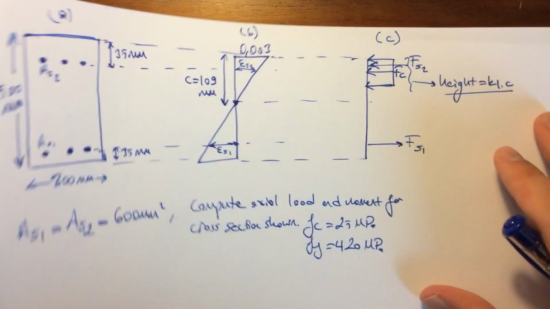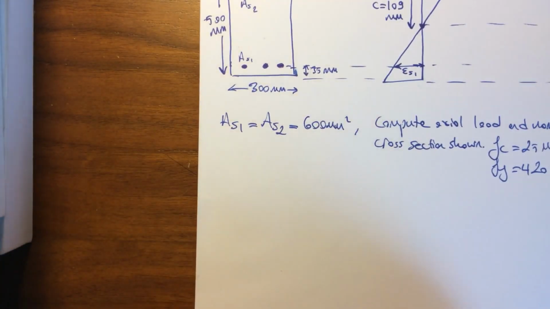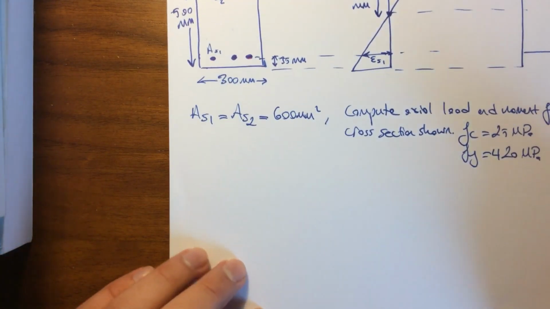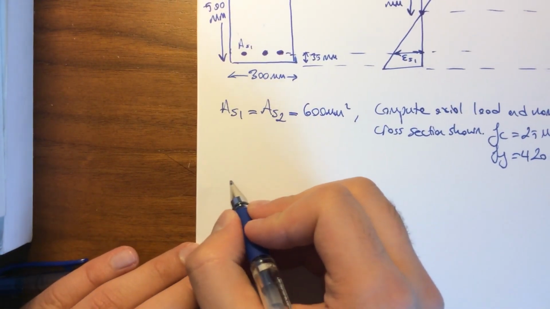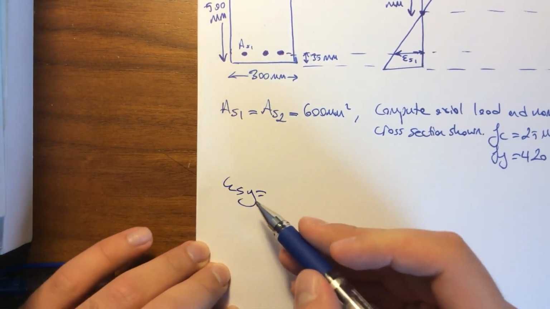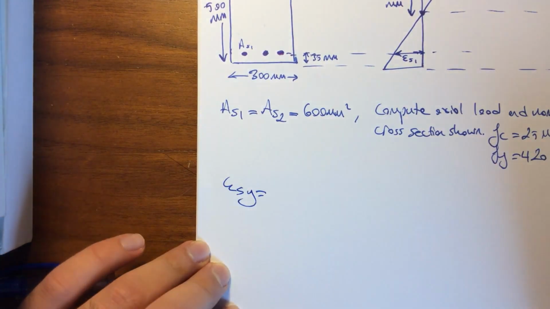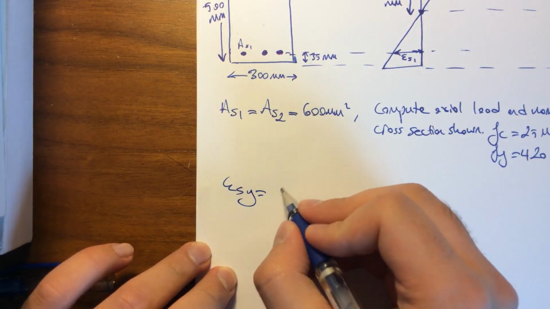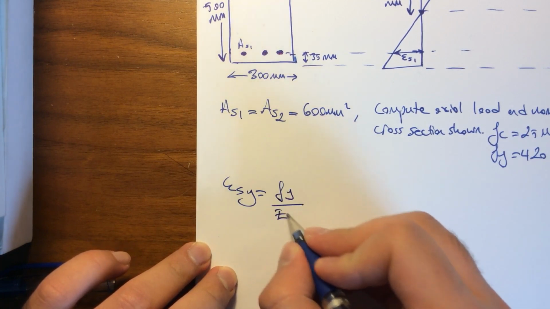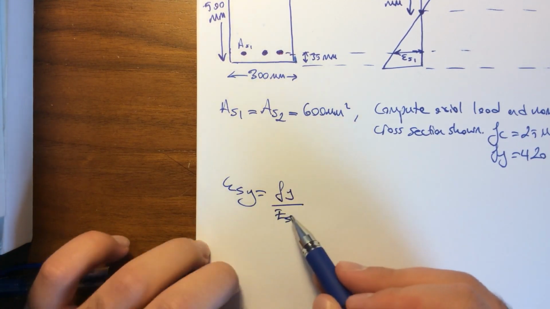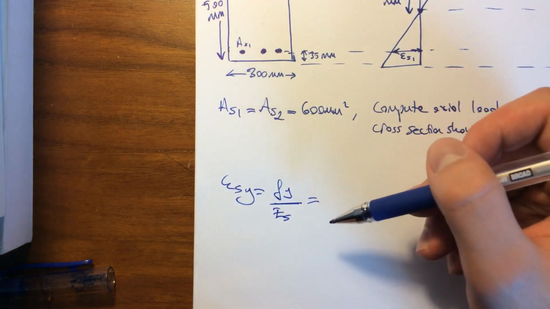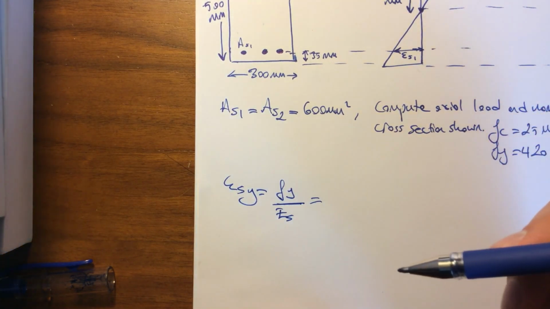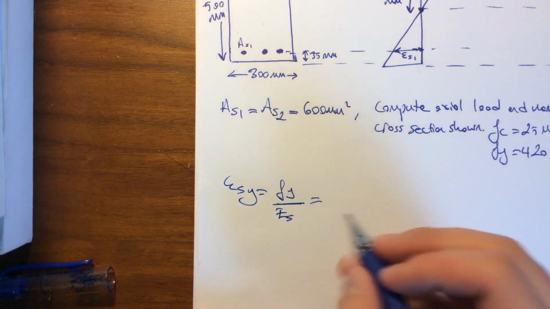So as the first step, we need to calculate the yield strain of the steel using the simple formula as here, which is expressed as ESY, the yield strain of the steel, equal to F yield divided by the modulus of elasticity of steel. One thing we need to know: the modulus of elasticity of the steel that we are using in these questions will be equal to 200,000 megapascals.